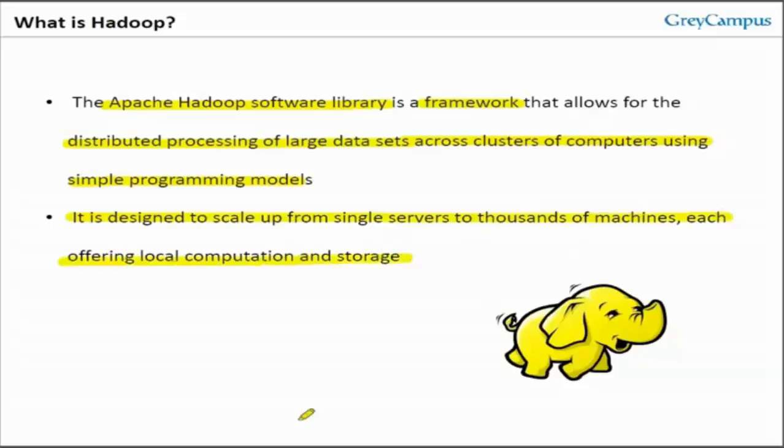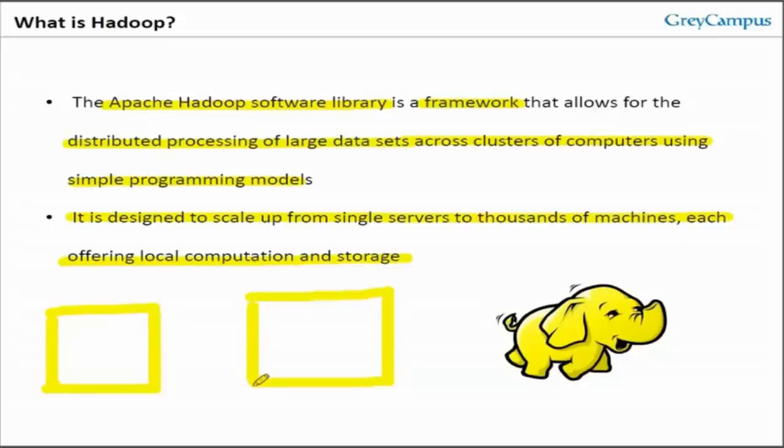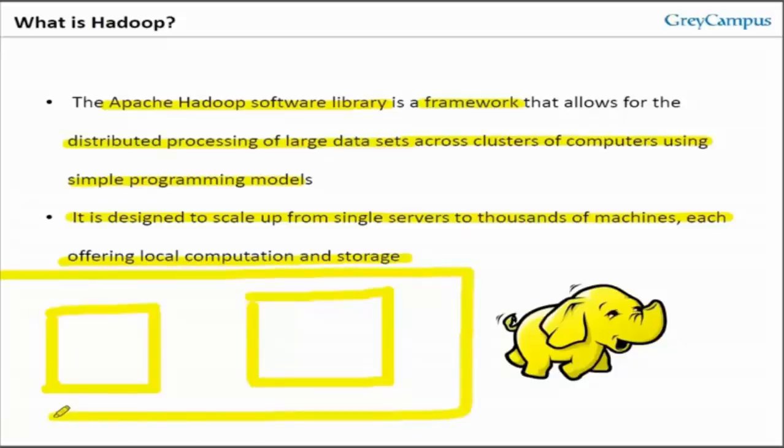So all it is saying is this is one system, this is another system. Both of them are a part of one cluster. It has some storage, it has some RAM, it has some storage, it has some RAM. What I'm going to do is store my large data across both these machines, use both these processors to run parallelly on that data and get me the output.